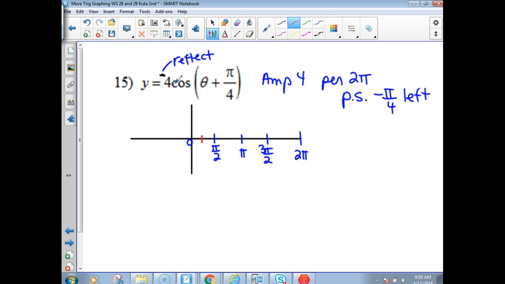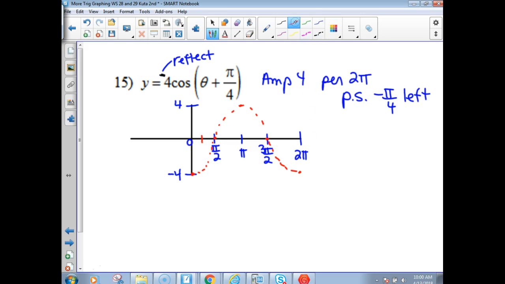Well, I'll just talk about the graph first, what it looks like without the phase shift. If it's got an amplitude of 4, you have to go up to 4 and down to negative 4, and it's reflected. So if it weren't phase shifted, it would start down here at 0, negative 4, then go to pi over 2, then to the max, the min, and the midline, and then the min at the end. This is what it would look like without a phase shift.